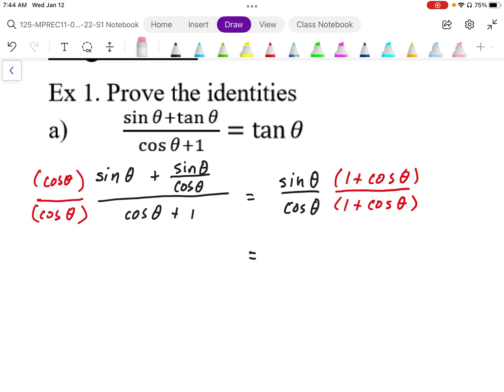So on the right-hand side, sorry, I'll start with the left-hand side. On the left-hand side, I'm going to end up with cos theta sine theta, and the cos theta is going to cancel out. I'm going to be left with sine theta. That's my numerator. In the denominator, I'm going to end up with cosine theta plus 1.